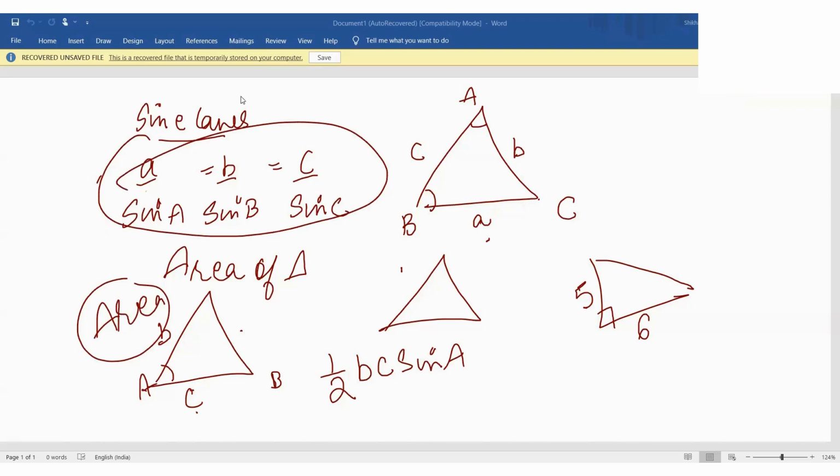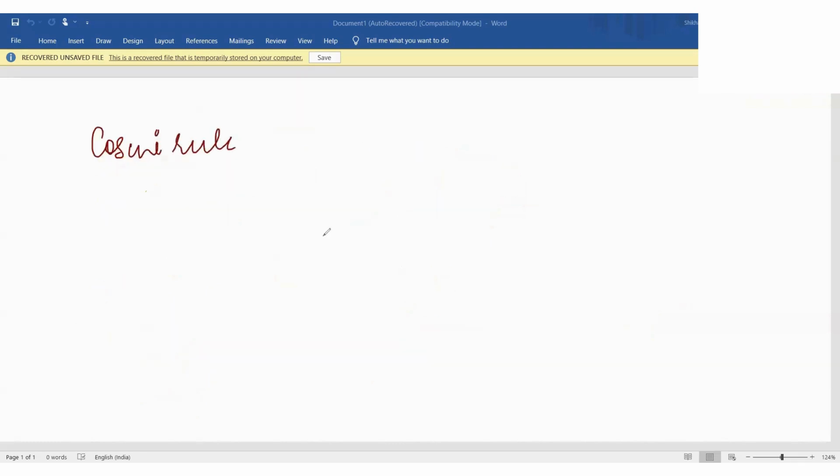Then we came up with the cosine rule, which is also very easy. In a triangle, if two sides are given, you can apply sine also, but sometimes they specify, okay, apply this and find the following. You have given an angle A and the two sides, and you just have to find this.